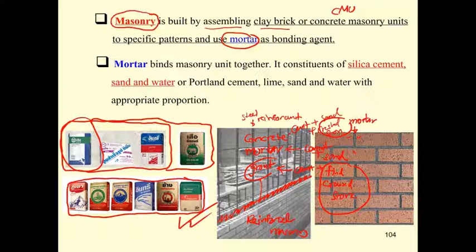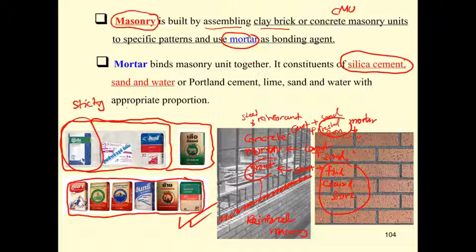Most of the time it's called silica cement. Silica cement is a Portland cement mixed with very fine particles of sand to make it sticky when you like to bond the brick together or to pave the fronts of the wall. Make it sticky. You know sticky, right?